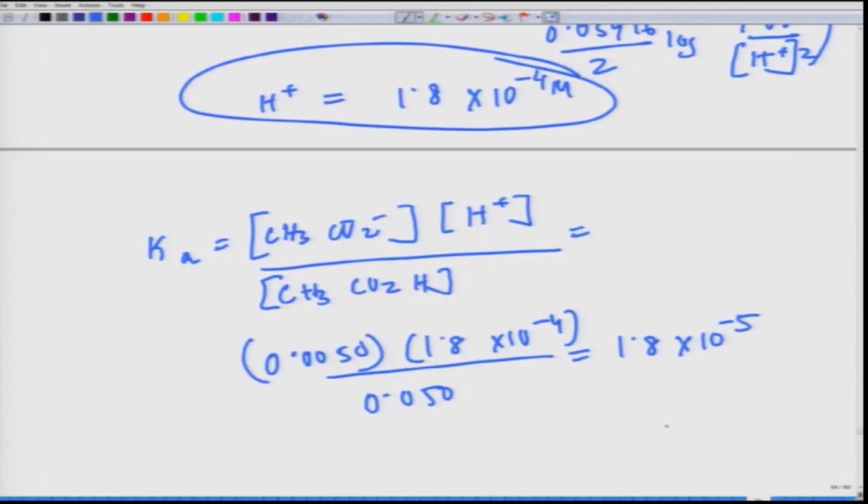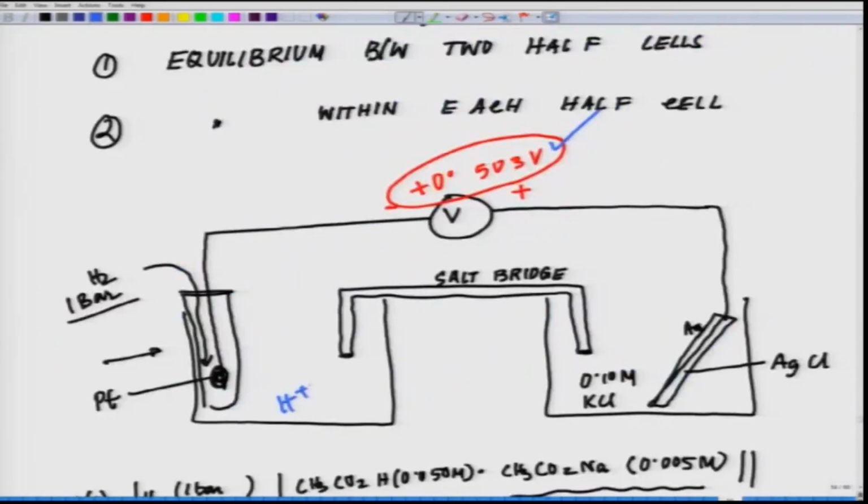If you realize, we now have a probe to measure the H plus ion concentration, the proton concentration. Using this type of cell, we could determine the equilibrium constant of acid dissociation and base hydrolysis on the left cell. These kinds of cells come very handy when you have to translate between a chemical reaction and the electrical output, and vice versa.